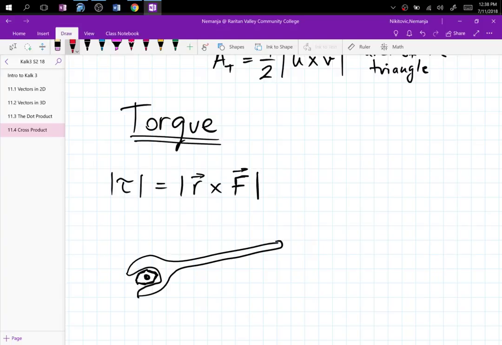Now, that force times the radius r will give you the torque that works in a circle. End of story. The other concept where you can quickly see this at work is the door.